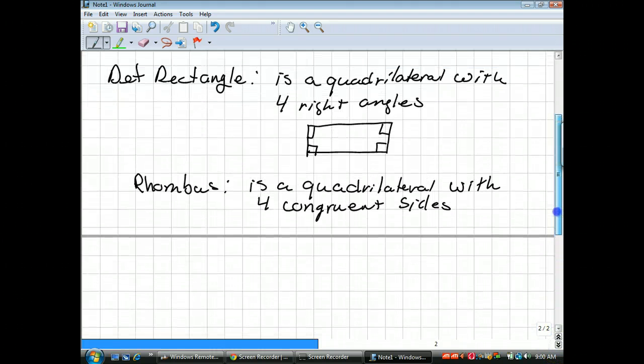So a rhombus might be something like this, where all 4 sides are congruent, and therefore a rhombus is also a parallelogram because both pairs of opposite sides are congruent.